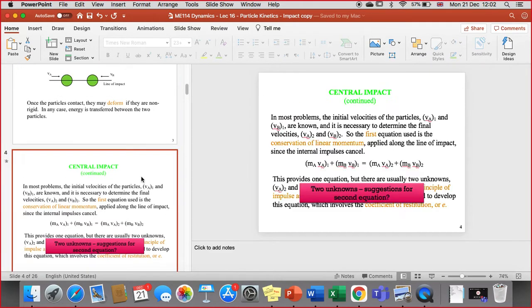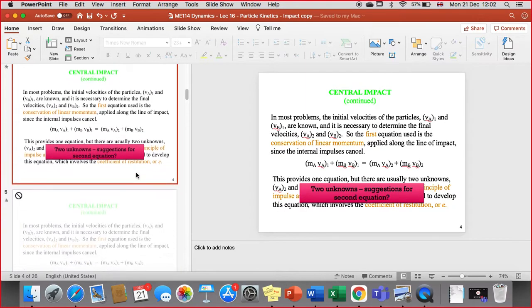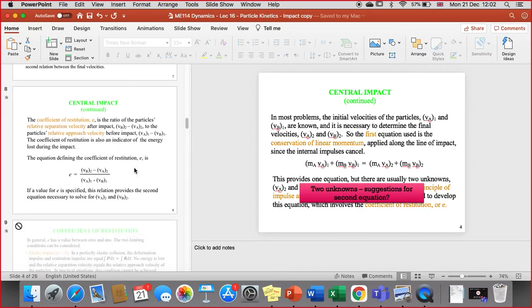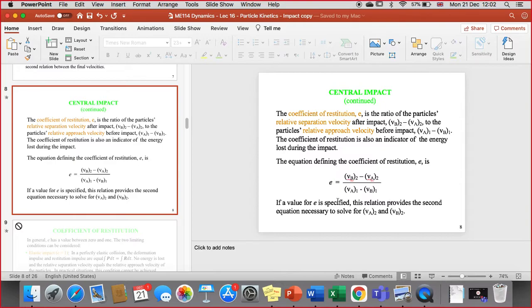So we need two pieces of information, and we saw that the concept of the coefficient of restitution comes in and gives us our second piece of information. If we already know the coefficient of restitution, which we can find by looking at data books or data tables for various impact problems, then we can use it to find the final velocities of the two particles.